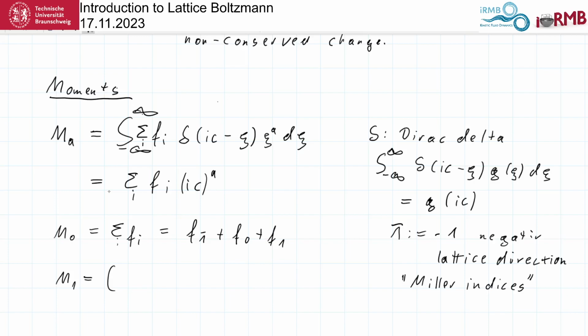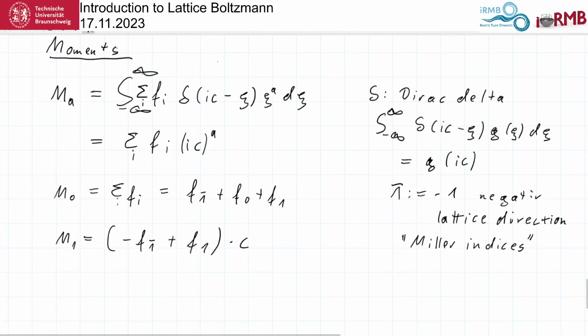Otherwise we just get the I in front, and the I in front of f minus 1 is of course minus 1, all together with the lattice velocity c, which later we will say is delta x by delta t, which we usually will skip.